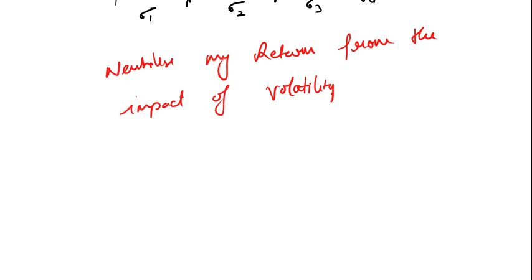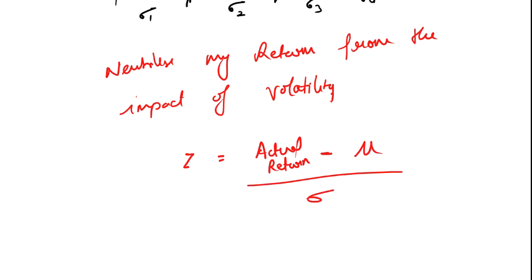So what I'll be going to do is simply find out the z value, that is my actual return minus the mu, divided by sigma. So what I am trying to do is neutralize the impact of sigma. It means I said to the author that okay, if you believe that my data is normally distributed, but it is not coming out normal because of the standard deviation, let us remove the volatility from the data, and now let us check whether my data follows a normal distribution.